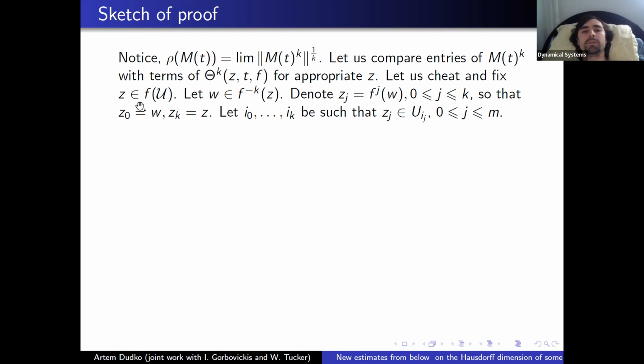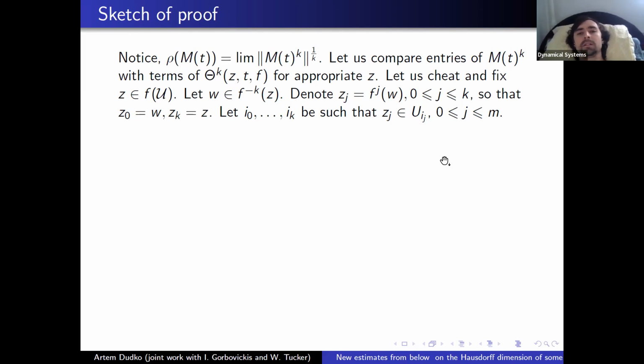For simplicity, we will fix starting point z. Consider the preimage of z under the k-th iterate, denoted by zj equals f^j of w. So in particular, z0 equals w, zk equals z.